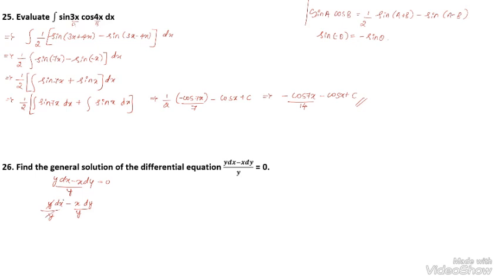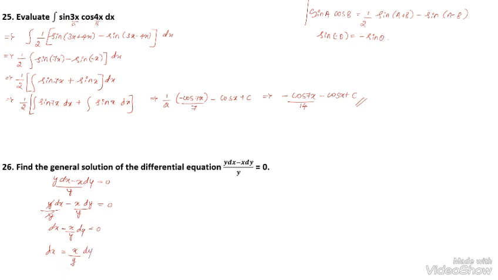Here y gets cancelled. We have dx only, minus x by y dy is equal to 0. Now I can take minus x divided by y dy to the right side. It becomes x divided by y dy.